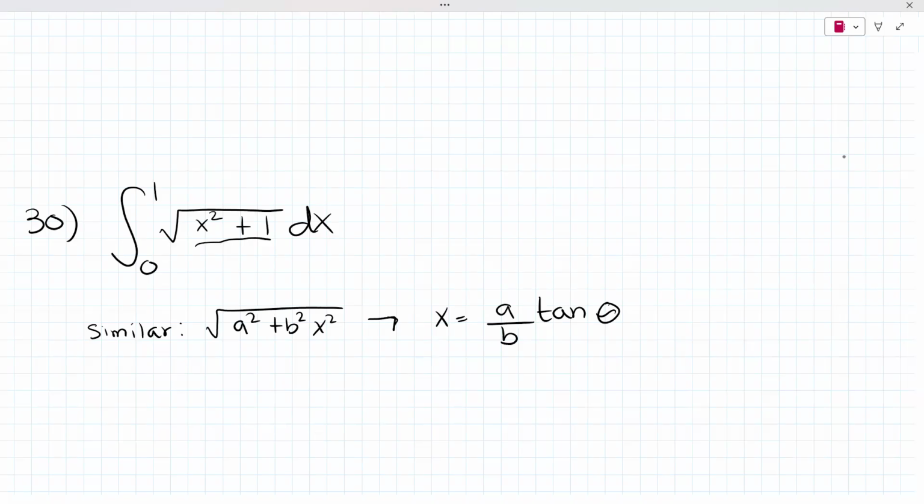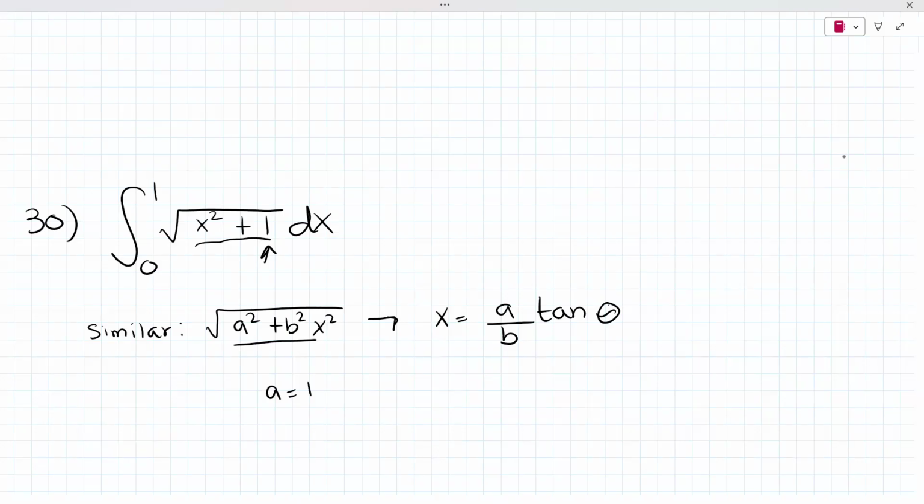So, yeah, let's figure out our a and our b. I think our a is related to this one, right? See, our a is the constant. So what number squared gives you 1? 1.